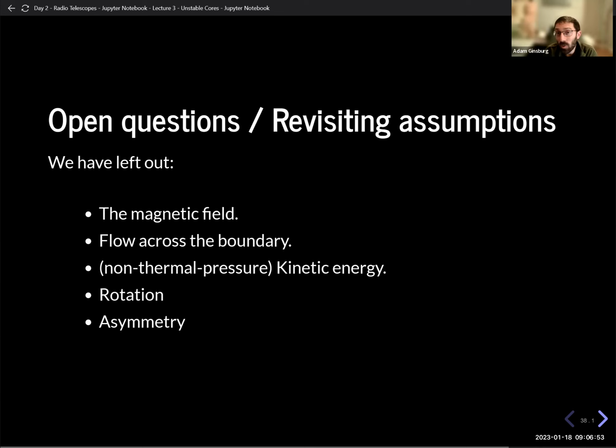We completely ignored rotation, which is going to be a very important topic as we move forward in the class. And we ignored any sort of asymmetry, right? We started with spherical symmetry. So all of these things are problems with the model we just developed. They're sort of problems with our spherical cow model, but it still works pretty well.